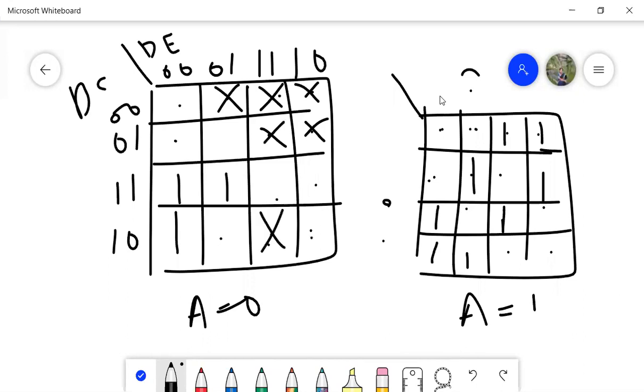So how many elements did I have? 1, 2, 3, 4, 5, 6, 7, 8, 9, 10, 11 minterms, and 6 don't cares. 1, 2, 3, 4, 5, 6. Now let us simplify.